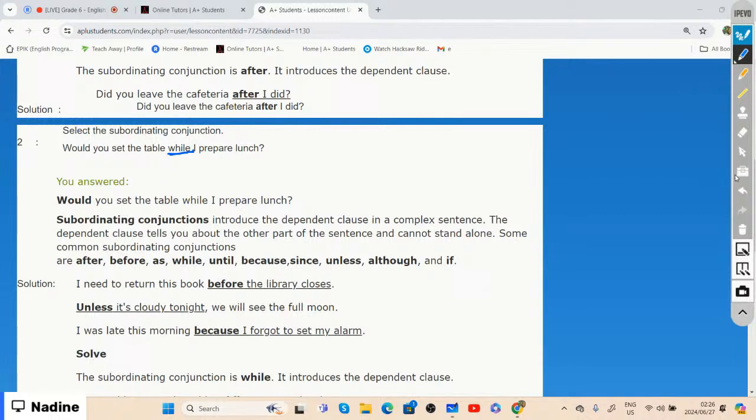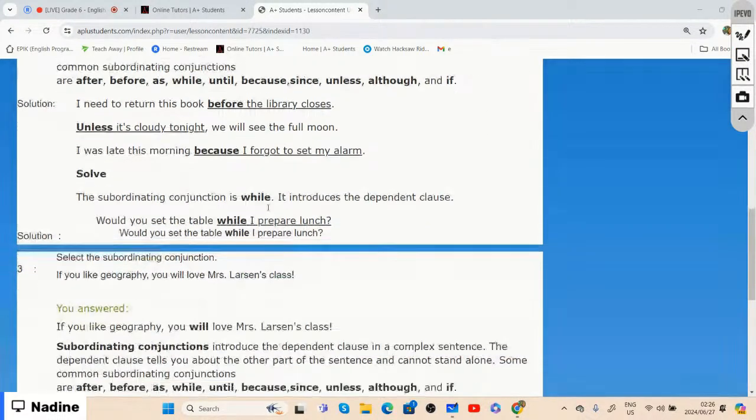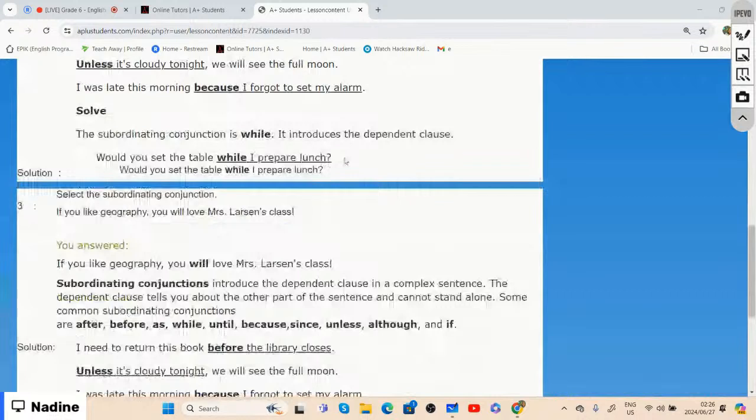All right, let's go to the next one and then we're going to our test. It says, if you like geography, you will love Mrs. Lawson's class.